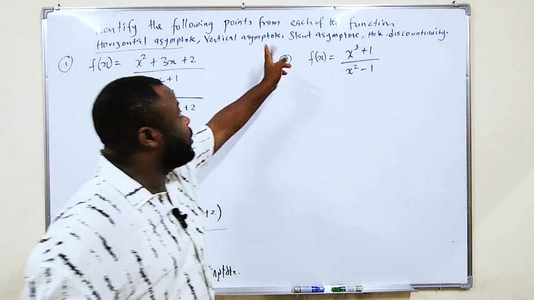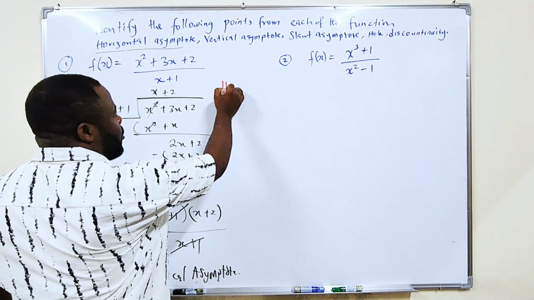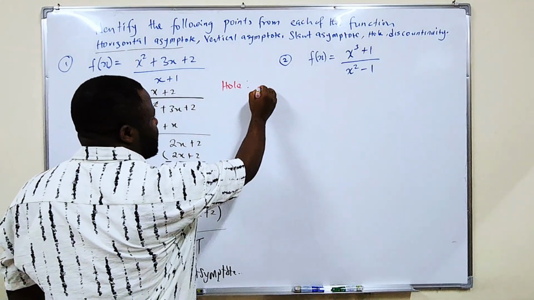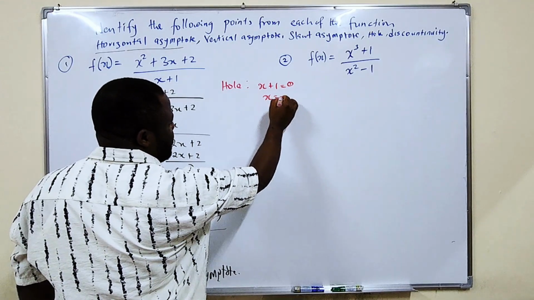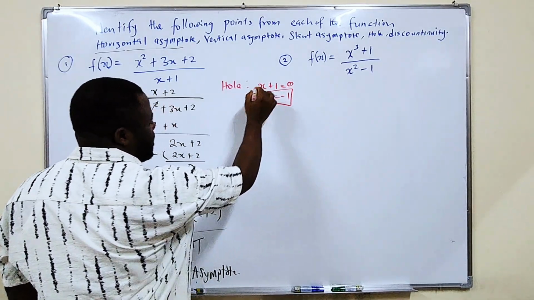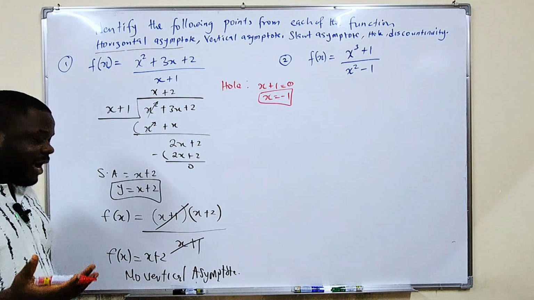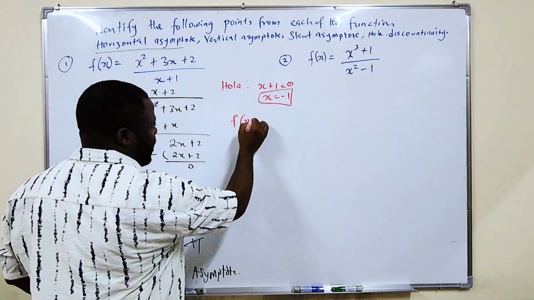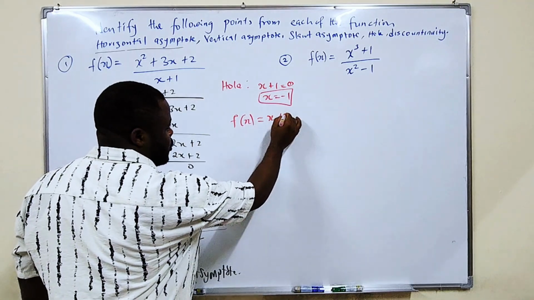Because we finished vertical asymptotes, we've gotten the slant. So let's talk about the hole. For the hole, we find x first. We have that x plus 1 should be equal to 0. So x will now be equal to negative 1. That is where the hole occurred on the x-axis. For the y-axis, we can also use our f of x, which is x plus 2.